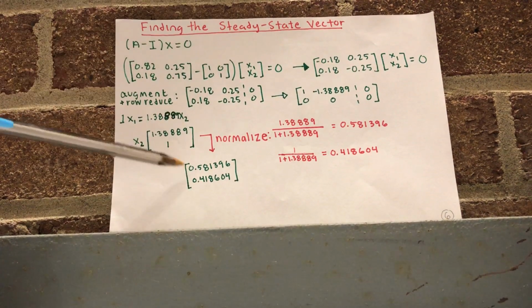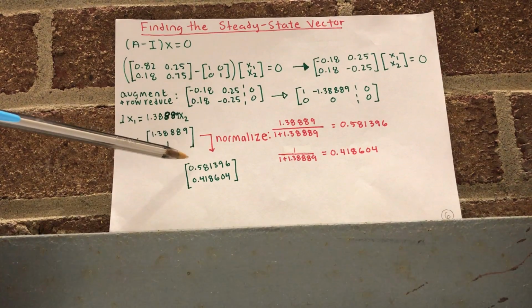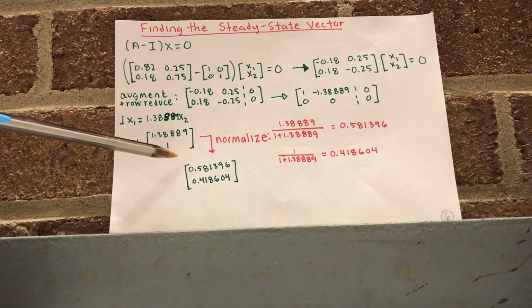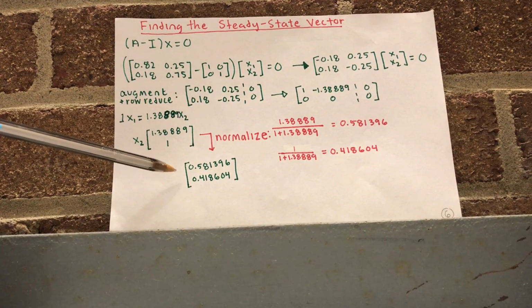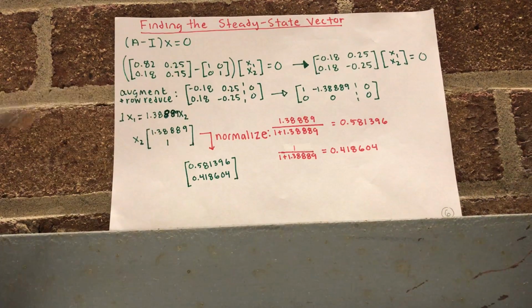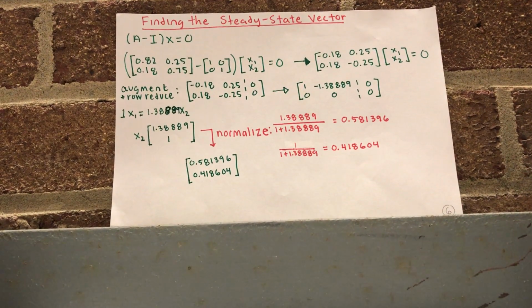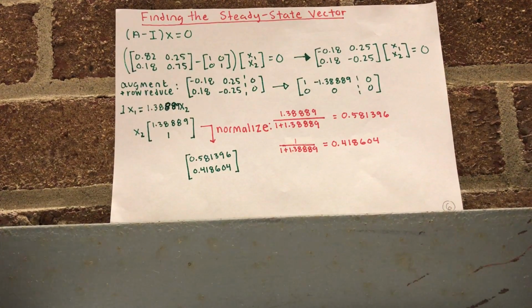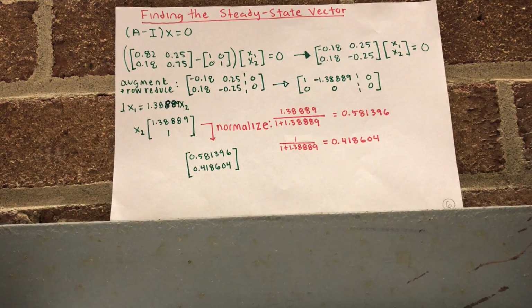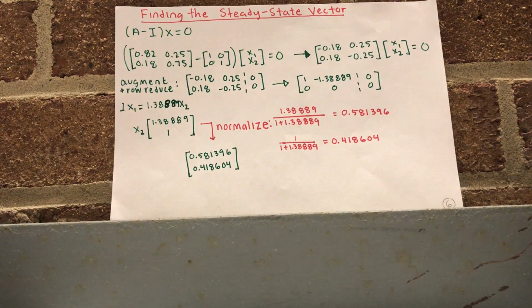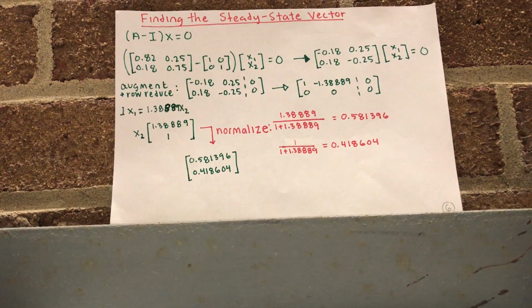So in the end, 58% of the people stay with brand A, while 42% stay with brand B. In the long run, under these assumptions, the outcome will behave in a way where 58% uses brand A and 42% uses brand B.